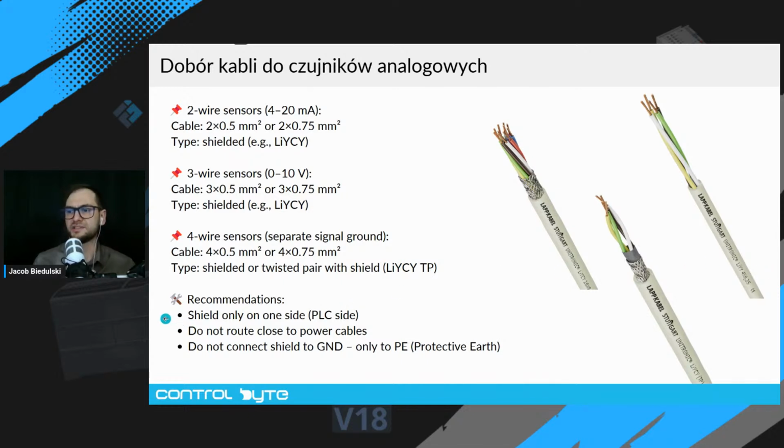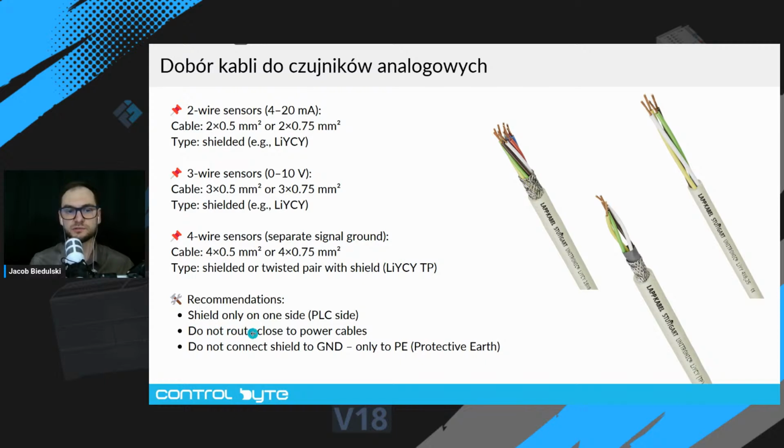And you should remember that if you use signal cables, you should connect the shielding to PE, protective earth, only on one side of the cable, the PLC side, so as not to cause ground loops.